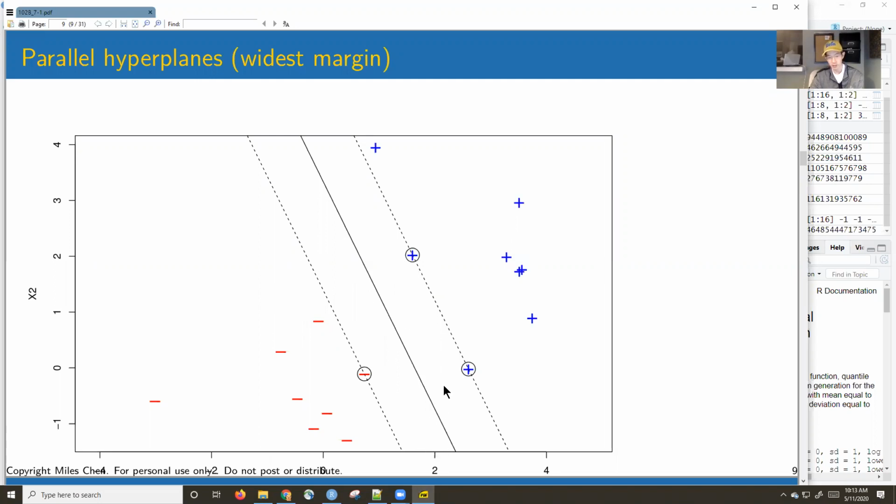I don't know if you guys can see that this will stay the boundary even if we move all of these around, because what we're looking for is a pair of hyperplanes that separate the blue and the red, with the widest distance between them, and I won't be able to achieve anything wider as long as these 3 points are part of my data set. I cannot achieve a wider margin.